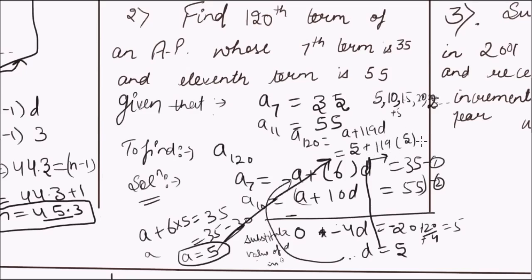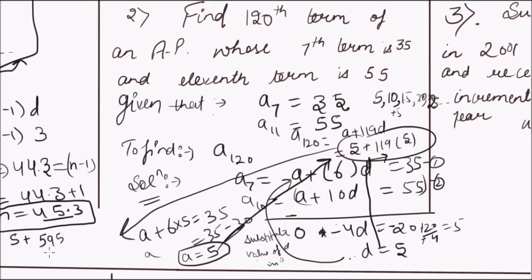This gives us 5 plus 595, because 119 into 5 is 595, or 600. Thus, for the given AP whose 7th term is 35 and 11th term is 55, the 120th term is 600.